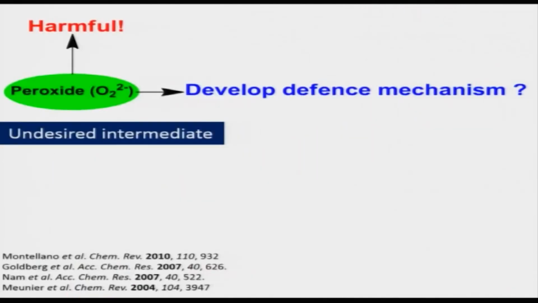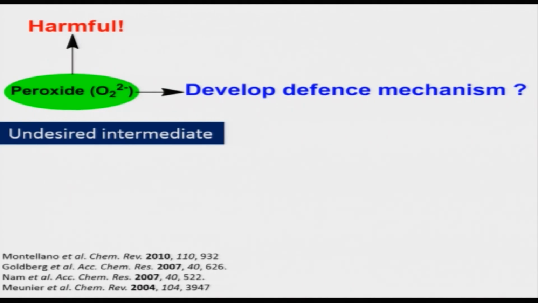Now, peroxide is extremely harmful, and it is an undesired intermediate in the dismutation reaction. Nature needed to develop a defense mechanism to protect from peroxides.